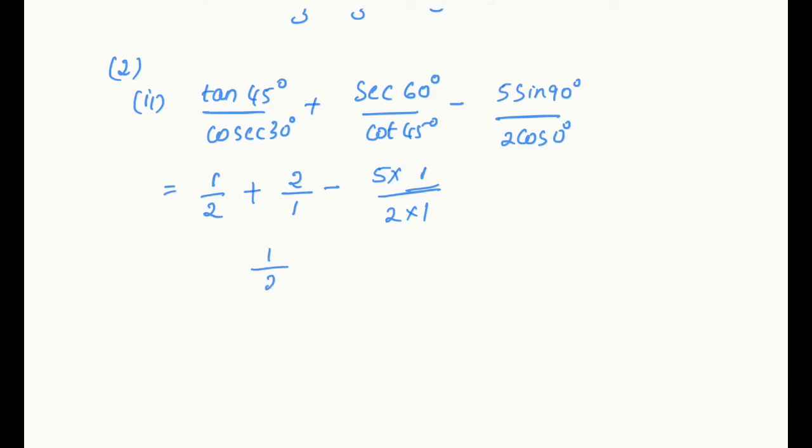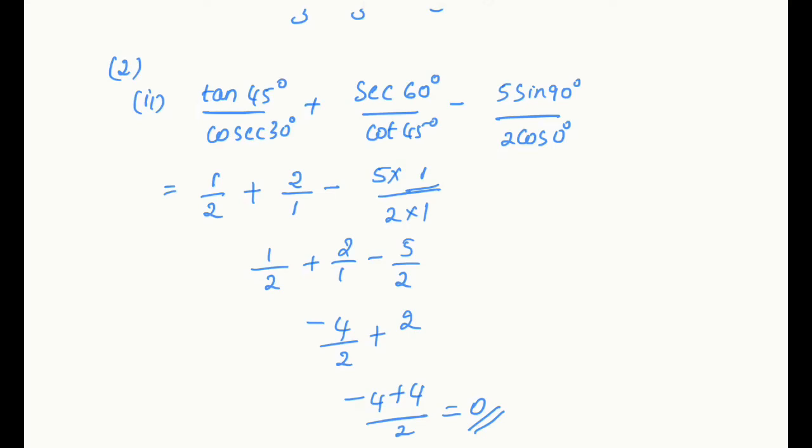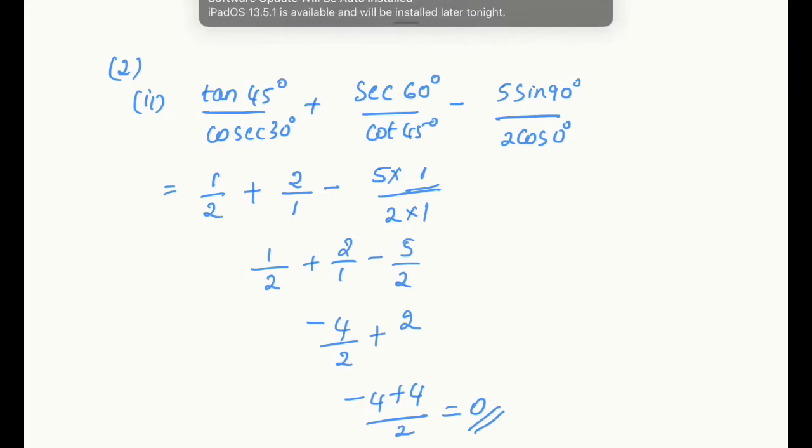Finally you are getting 1 by 2 plus 2 by 1 minus 5 by 2. 1 by 2 minus 5 by 2 you can do first, so minus 4 by 2 plus 2. Multiply it, you will get minus 4 plus 4 by 2, that is equal to 0. Hope it's clear to you all how we have done it. So this is how we'll be doing.